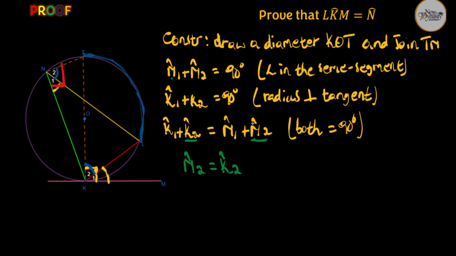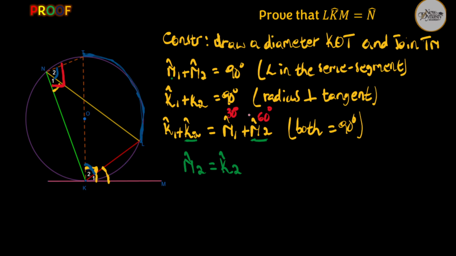If N2 is 60, for example, then N1 should be 30 degrees. Why? Because N1 plus N2 is 90 degrees. I'm reiterating this. This is not part of proving. I'm just showing you something that you should not forget.